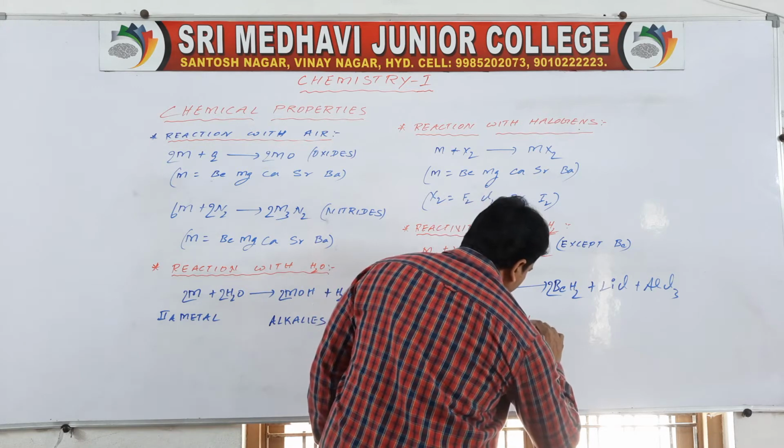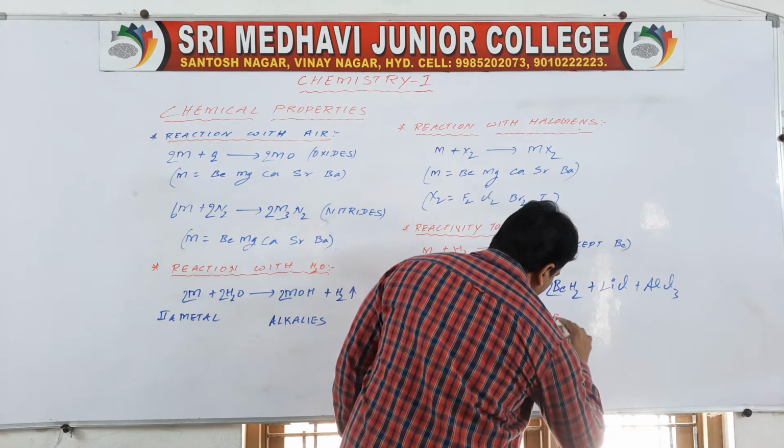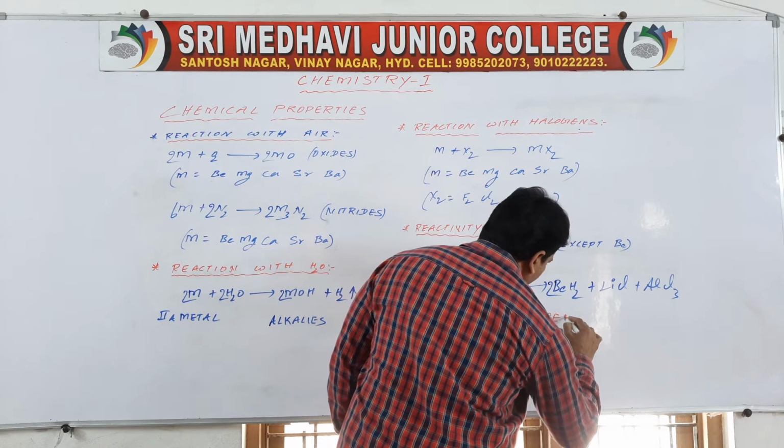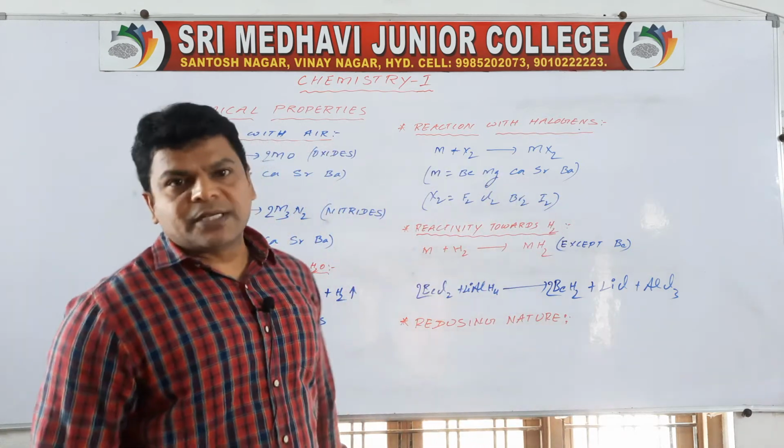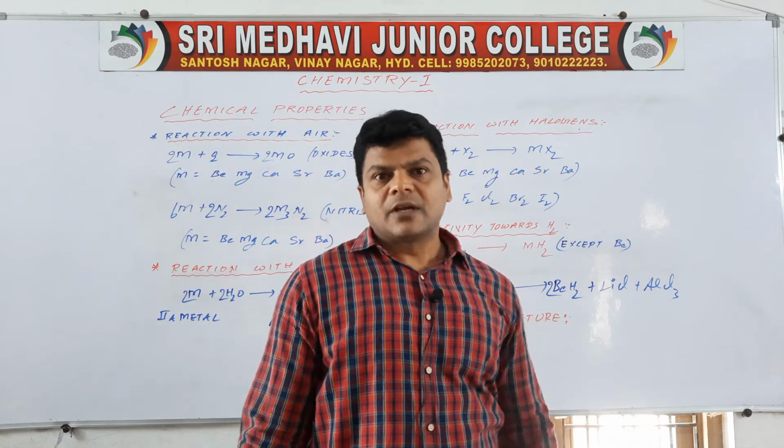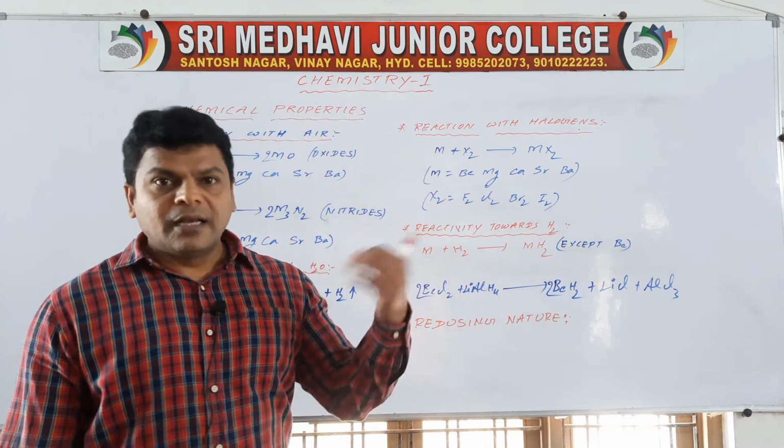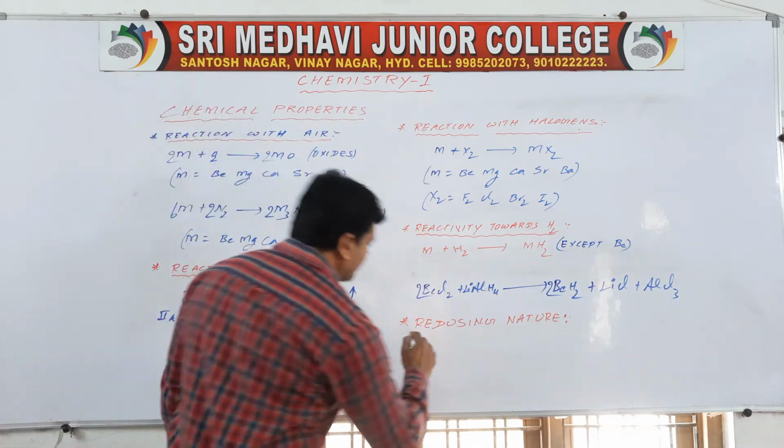Reducing nature. Second A group elements are strong reducing agents. Compared to first A, they are less reducing.